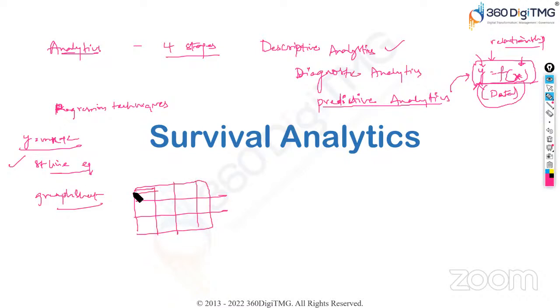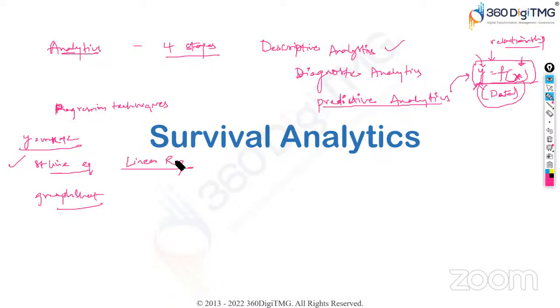Within that, we used to draw straight lines using a different color like this. So this is exactly what we are trying to do here. We are trying to draw a straight line in a space, x and y axis space. That's called linear regression.